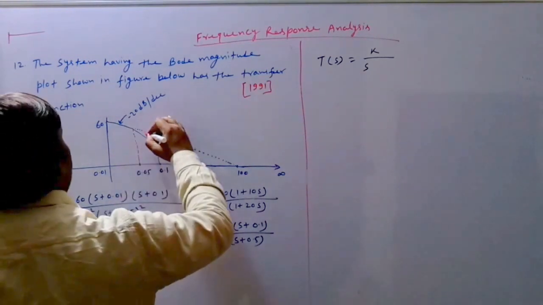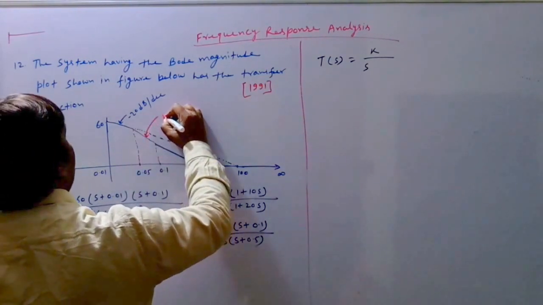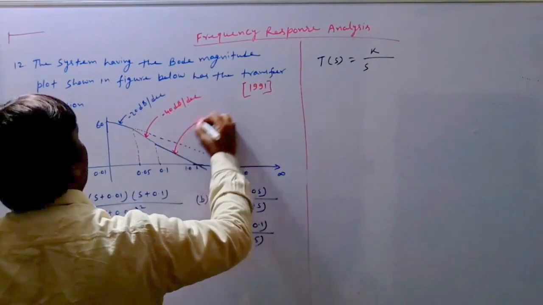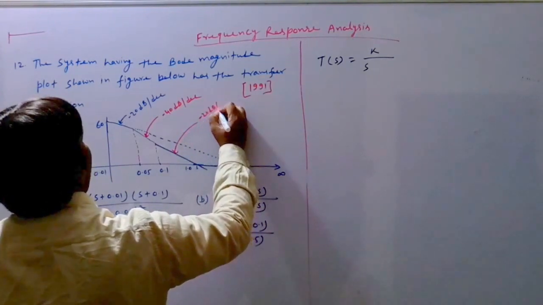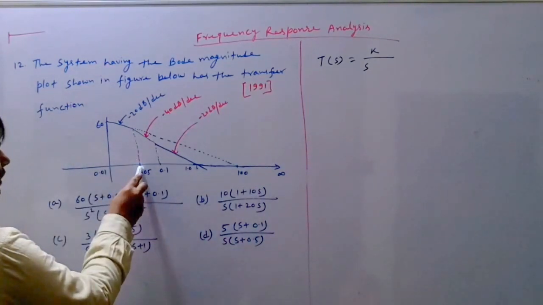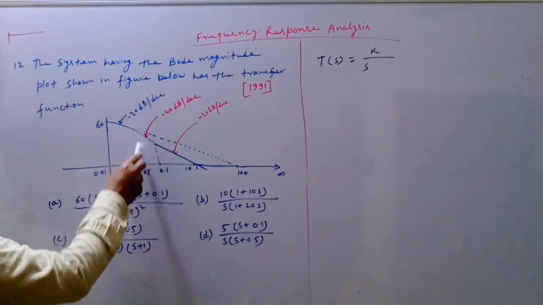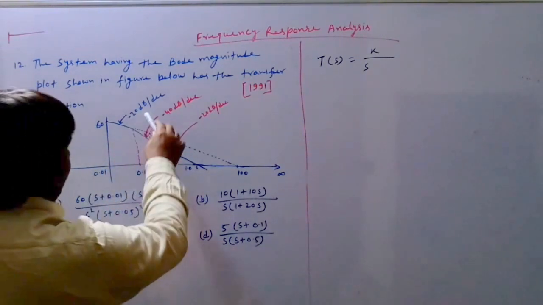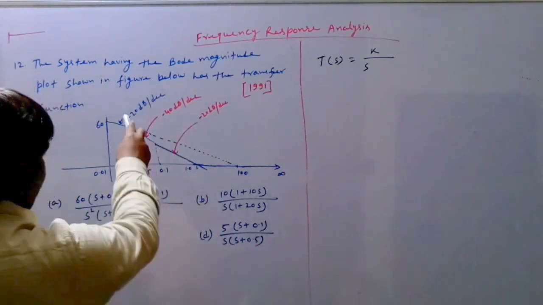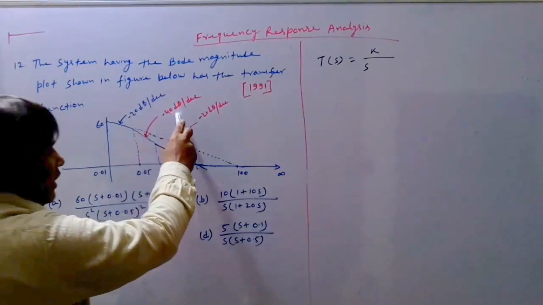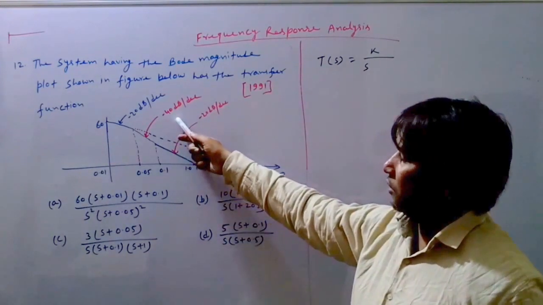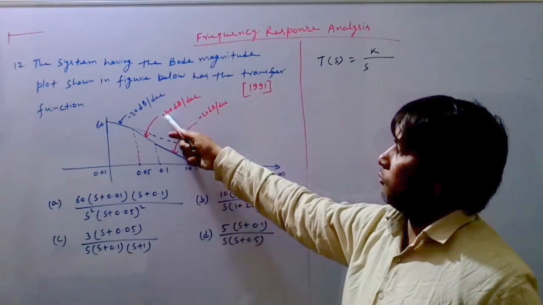Here the slope must be minus 40 dB per decade, and here again minus 20 dB per decade. So there will be a pole responsible for the decrease in slope of 20 dB per decade.